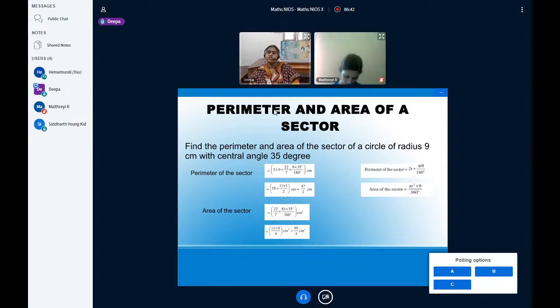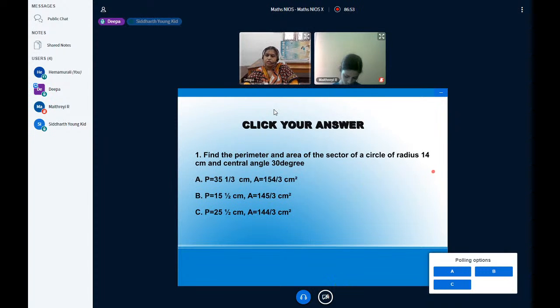After you finish, tell me, I'll show the choices. The radius is 14 centimeter and central angle is 30 degree.